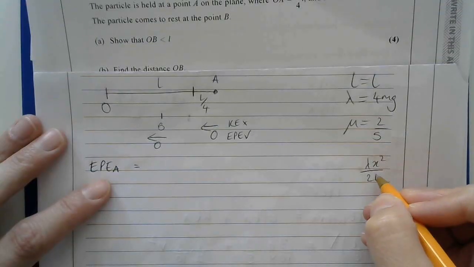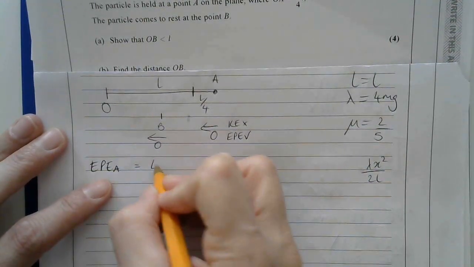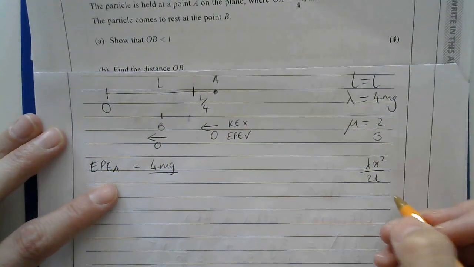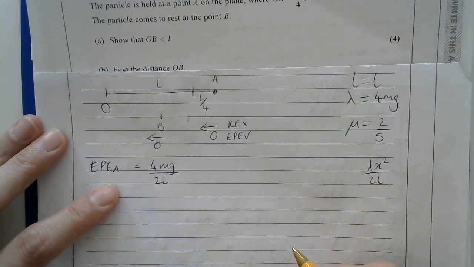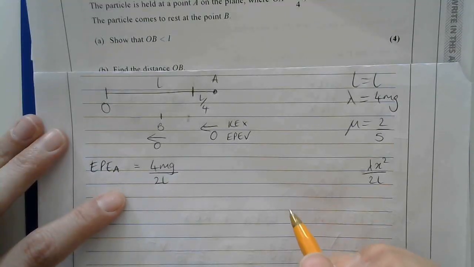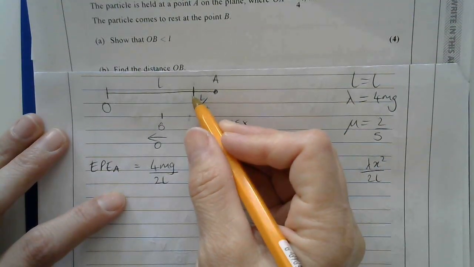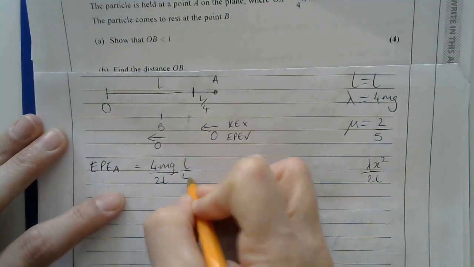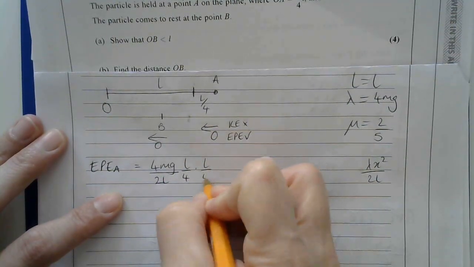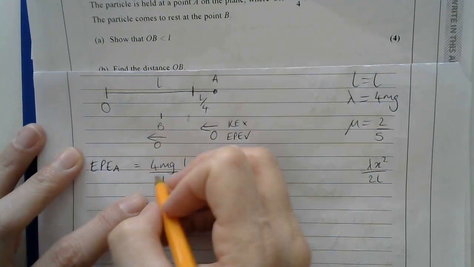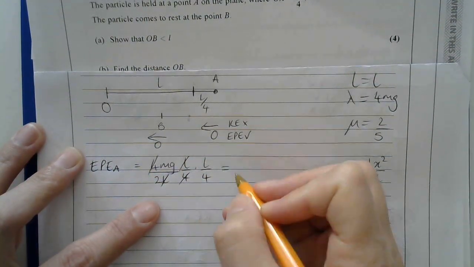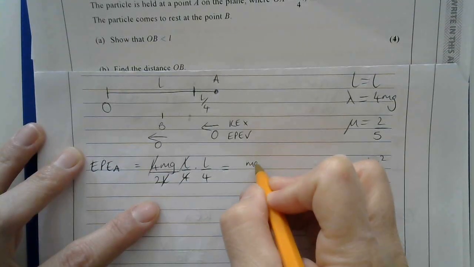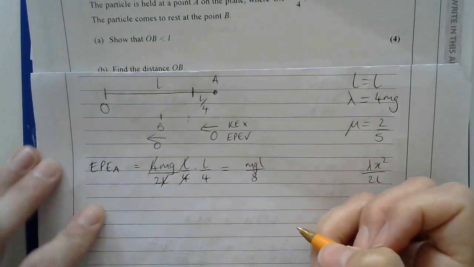So in this case, it's going to be lambda, which is 4mg, divided by 2 times the natural length, which is L, so 2L, times the extension squared, L/4 times L/4. So I can see that an L is going to cancel, a 4 is going to cancel, and I'll end up with mgL over 8.